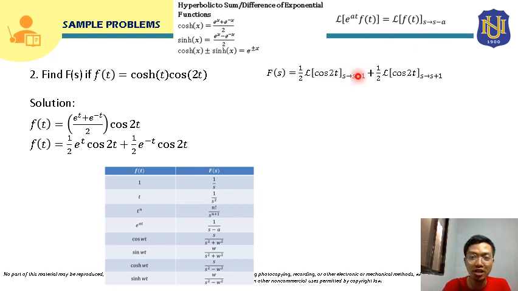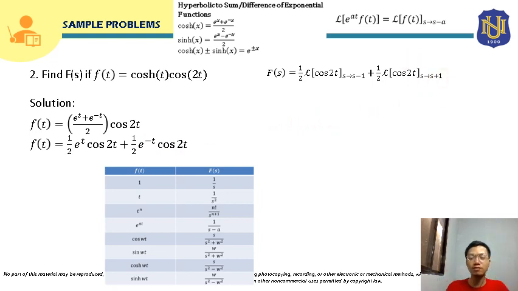Our a here for this term is 1, so this will be s minus 1. And then for this one, the f of t here is also cosine 2t, and we will replace all variables s by s minus a. Our a here is negative 1, so that will be s minus negative 1, which becomes s plus 1.